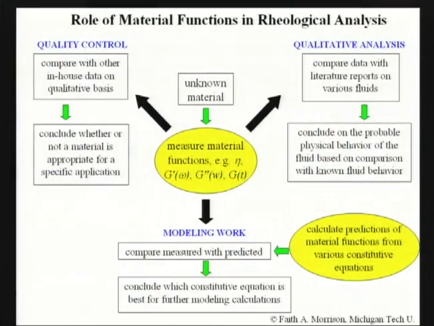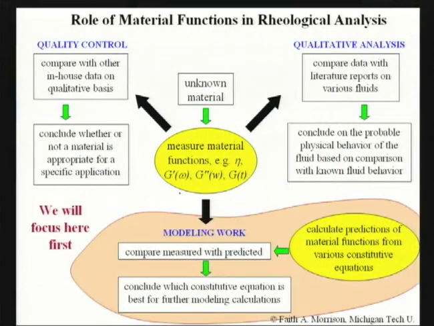Let me review the general topic, beginning with these slides. We're talking about material functions, which we're going to look at in this quadrant down here. We're going to compare measured with predicted and use it for developing constitutive models. We've already looked at data from the literature, and I'll be reviewing some as I review these slides.